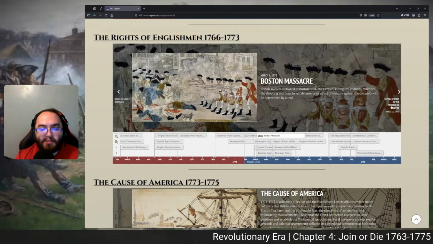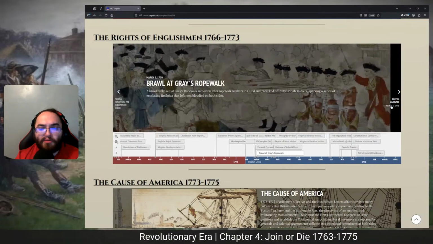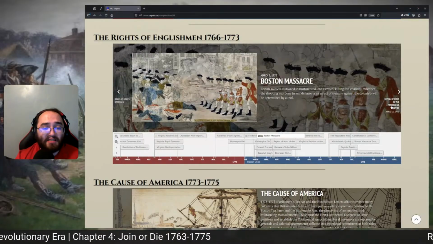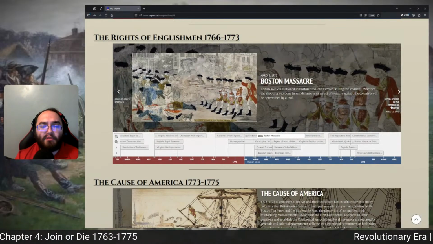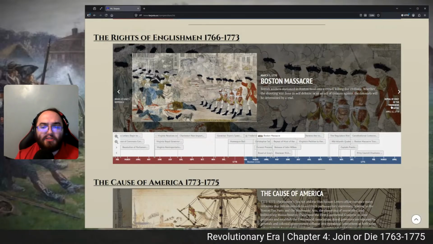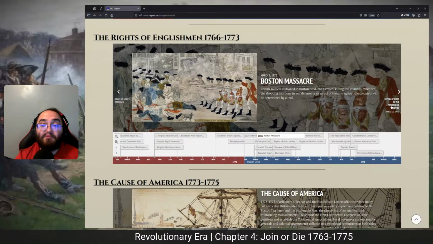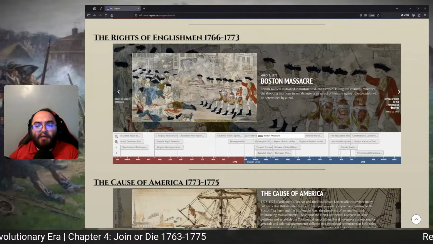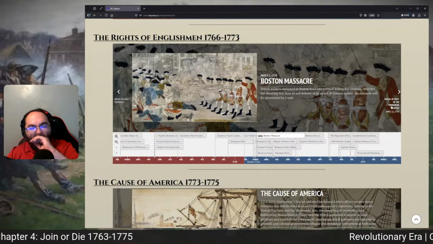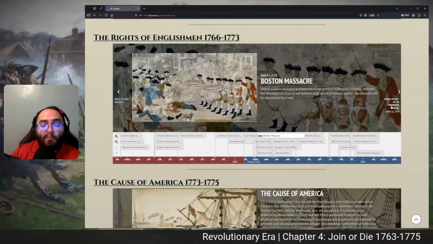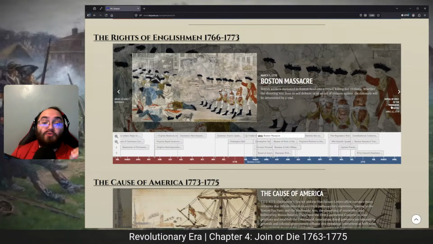And following this brawl, which was March 2nd, on March 5th, 1770, you have the Boston Massacre, where British soldiers stationed in Boston fired into a crowd, killing 5 civilians. Whether the shooting was done in self-defense or as an act of tyranny against the colonists will be determined by a trial.